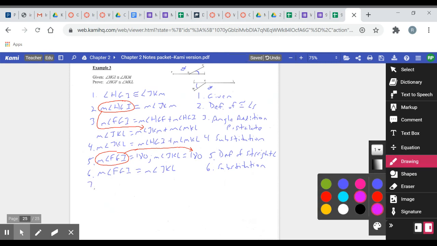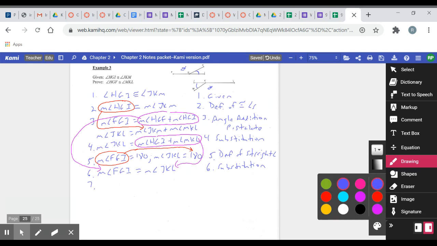Okay, from there, I can substitute again. If I know these two things are equal, and if I look back up a bit, I can see that FGI, another thing we had called that, was right here. So I'm going to bring that around to here. And then for JKL, we had said a few minutes ago that in line 4 that it's equal to HGI plus MKL. So I can substitute that in right here.